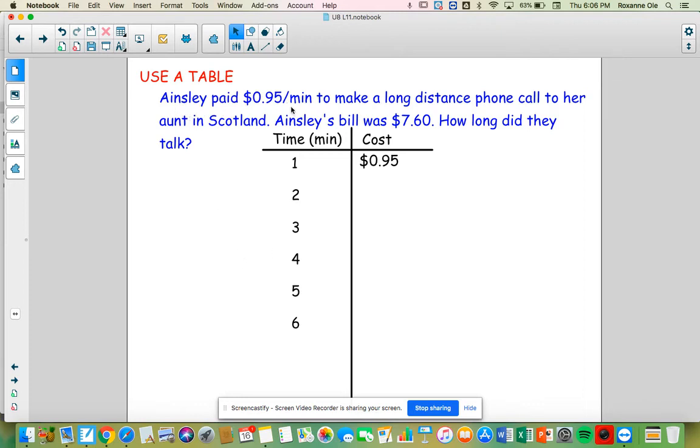Ainsley paid 95 cents a minute, 95 cents per minute, I should say, to make a long distance phone call to her aunt in Scotland. Ainsley's bill was $7.60. How long did they talk? Well, we don't know the answer to that yet, but we know that for 1 minute, it costs 95 cents.